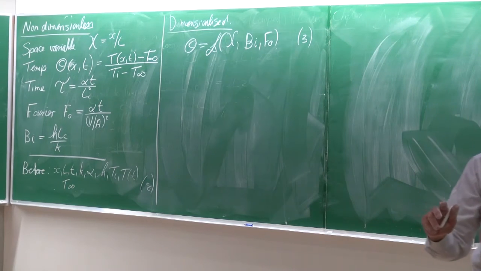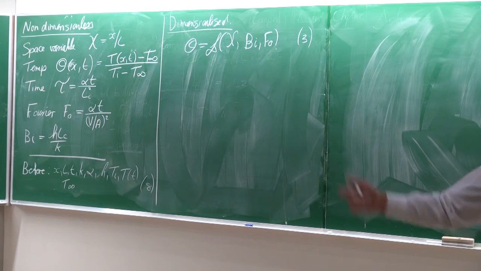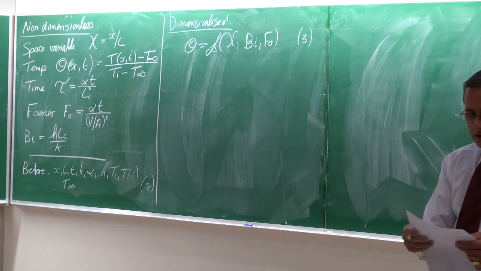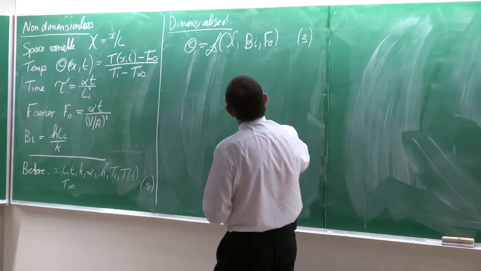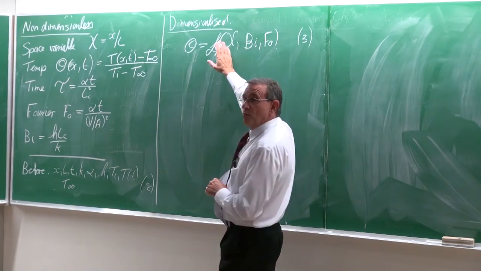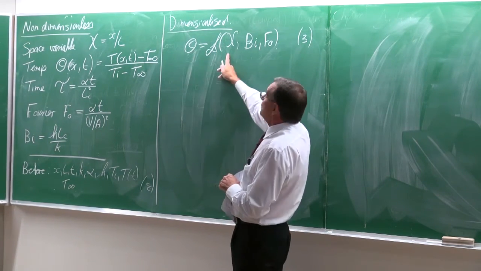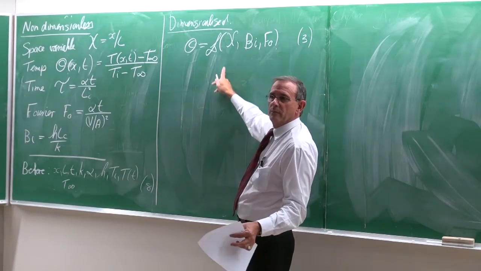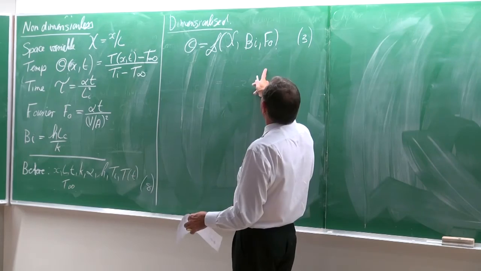And that was a nice trick because it really simplified many of the challenges people had in solving this equation with all these boundary conditions. So in future, if we can get a solution for this, then for example, we would say we need the temperature distribution at a certain point, which would be from 0 to 1, maybe at 0.5, at a certain Biot number and a certain Fourier number.